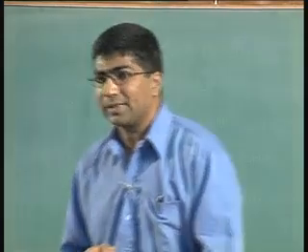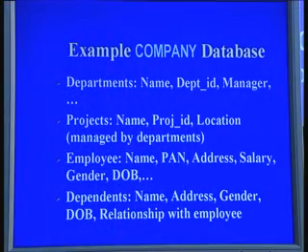Now if you look at this slide carefully here, we see that there are two different kinds of things that we are noting here. All these things before the colon, we see things like departments, projects, employee, dependents and so on. And after the colon you have terms like name, department ID, manager, or name, project ID, location, or name, PAN number, address and so on, okay.